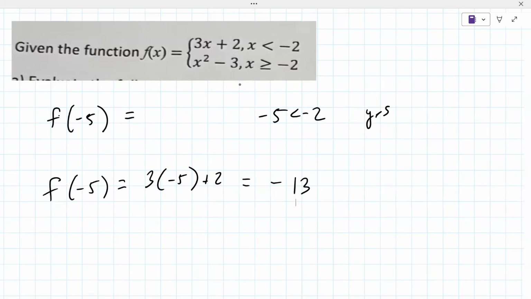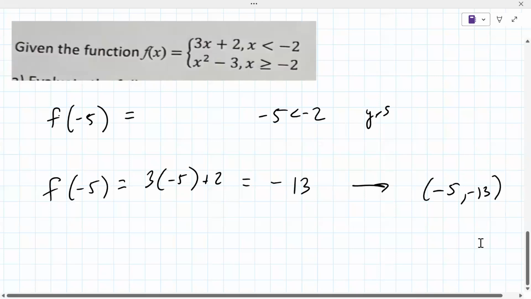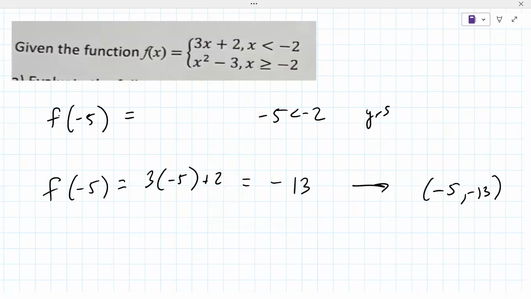Now, is it true that the ordered pair is -5, -13? Yes, but this is not what they're asking for. You have to be especially careful when you have prior knowledge. If an instructor sees a lot of students consistently writing something like this, they should reasonably know that there's an issue.